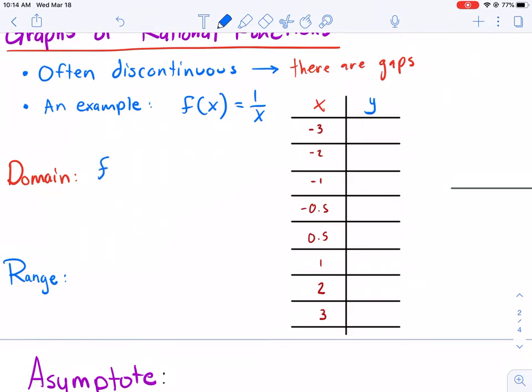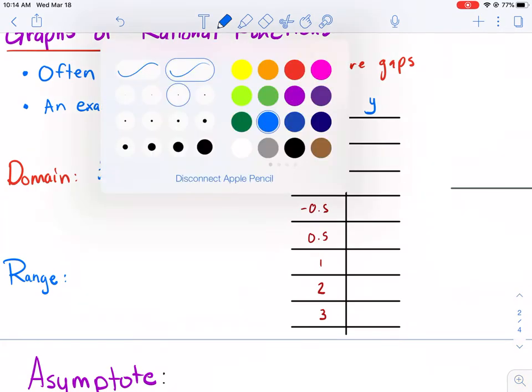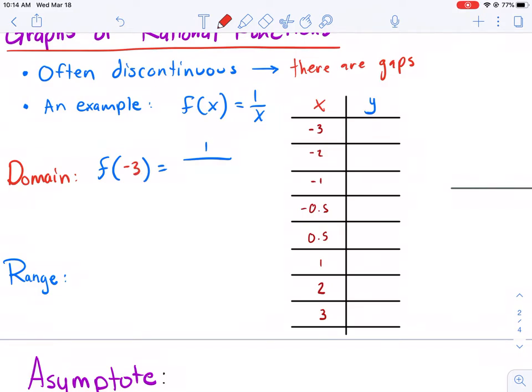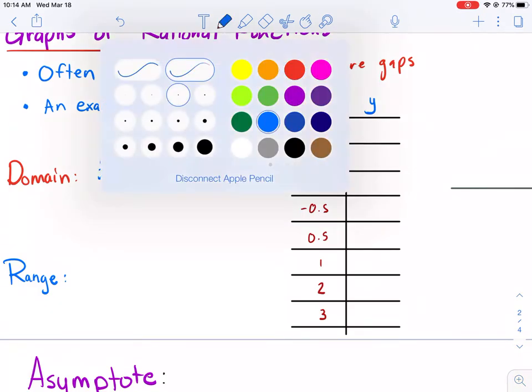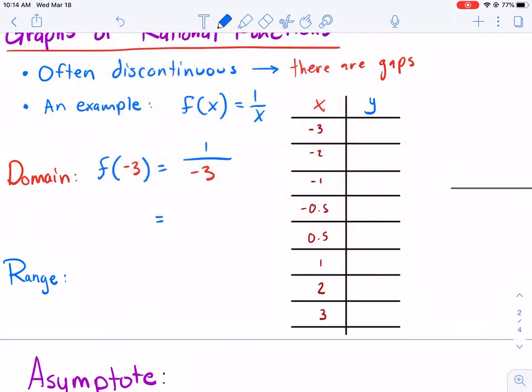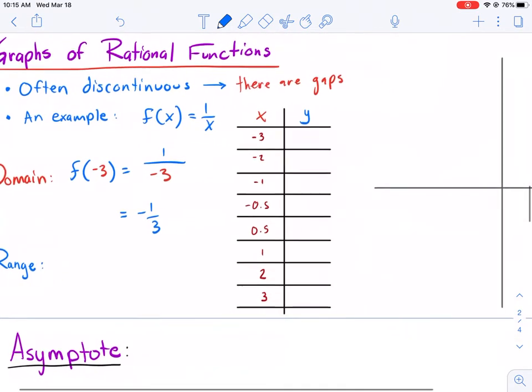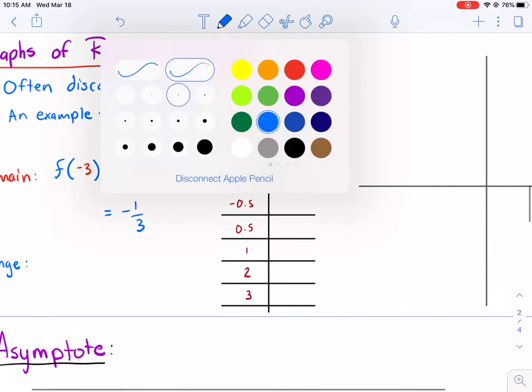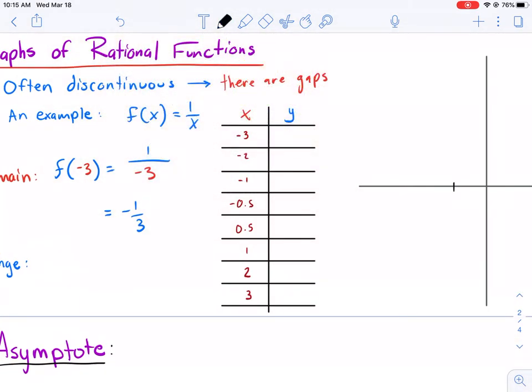I'm just going to show you what it looks like when you input these values into f of x. So the first value is f of -3. As I put in -3 for x, what does my value ultimately become? Well, it becomes -1/3. So if I go over to the graph, I go to -3 for the x value.